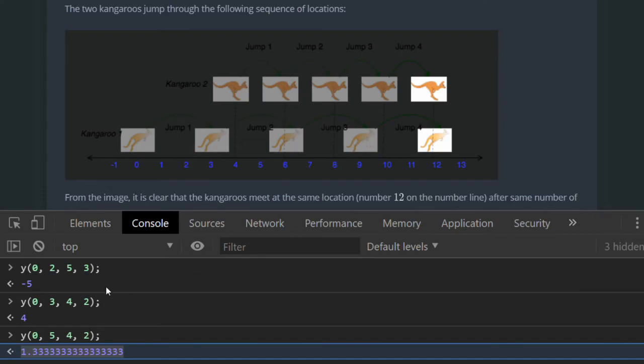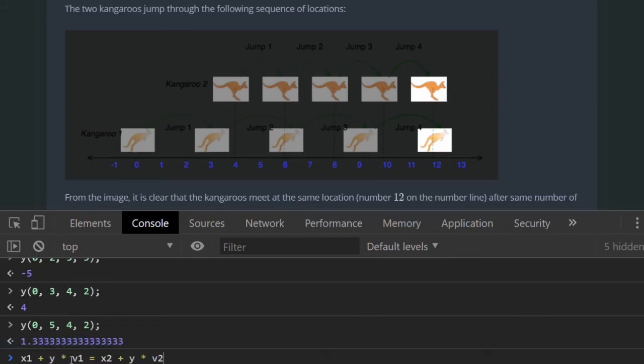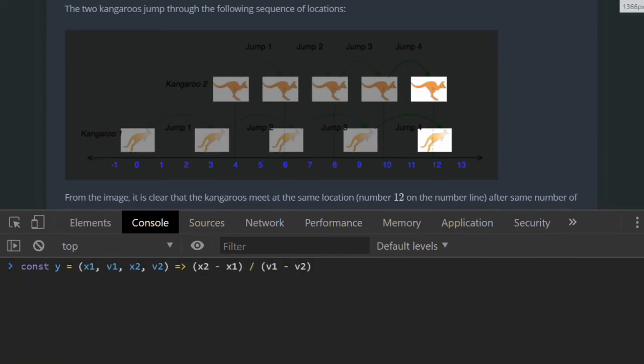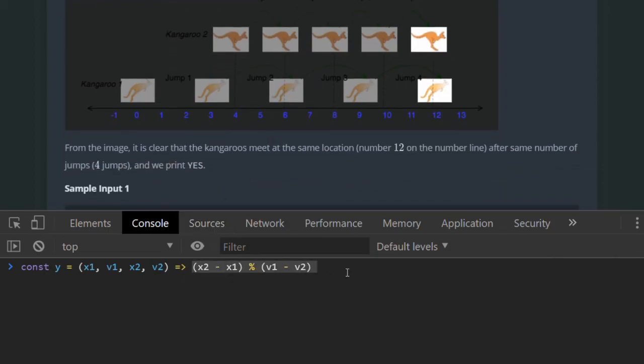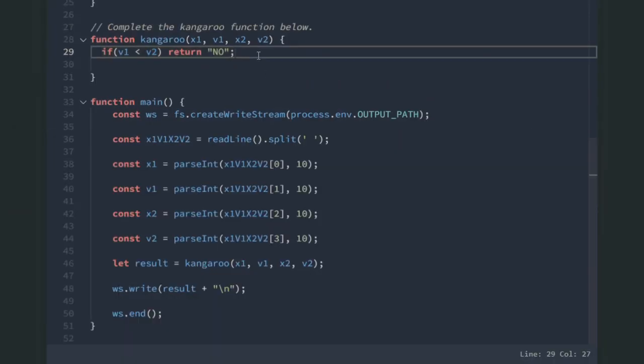So what we need to do is, let me go to the function definition. So the check will be: if x2 minus x1 mod v1 minus v2 equals 0, then the result is yes, which means the result does not contain fractions. So let me just copy this. This is the second thing I need to check.